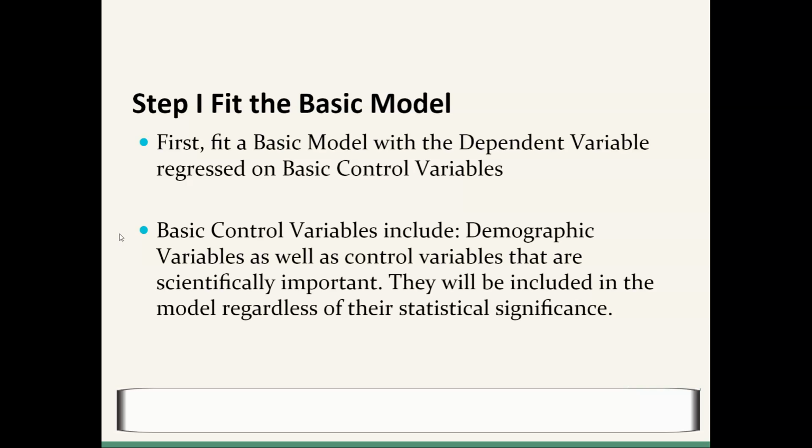So here is where we use scientific knowledge to select the variables. If a variable is really important scientifically or biologically or clinically, it will be included in the model regardless of its statistical significance. So this is the step where the theory will come into play in model building.